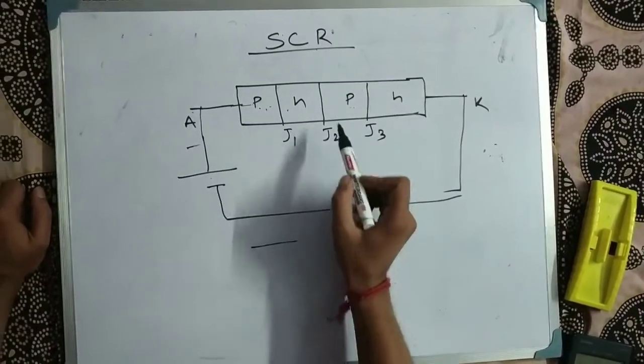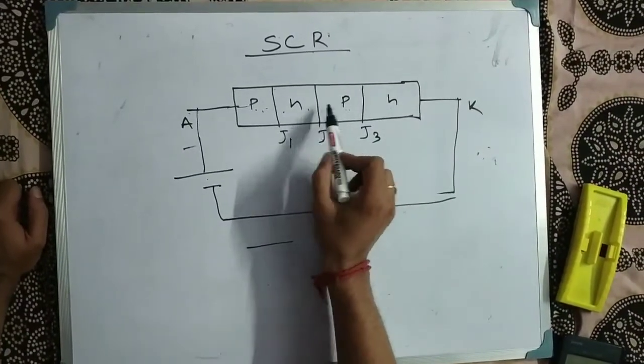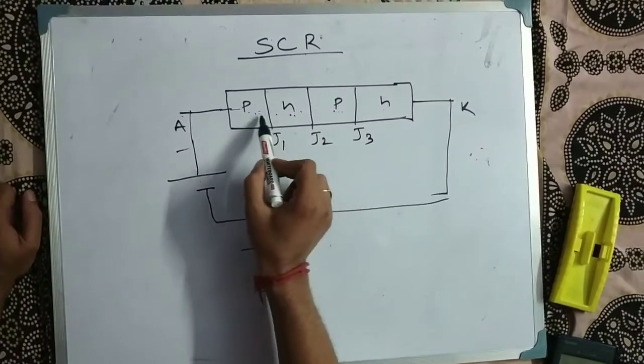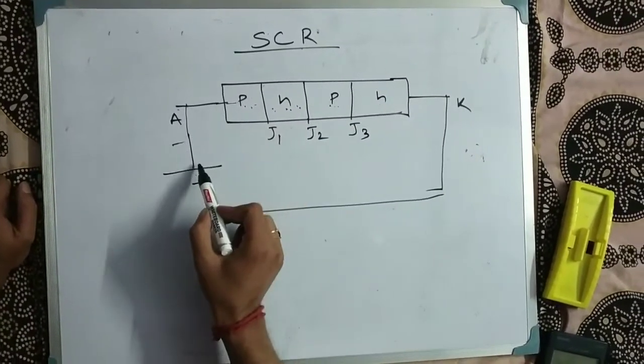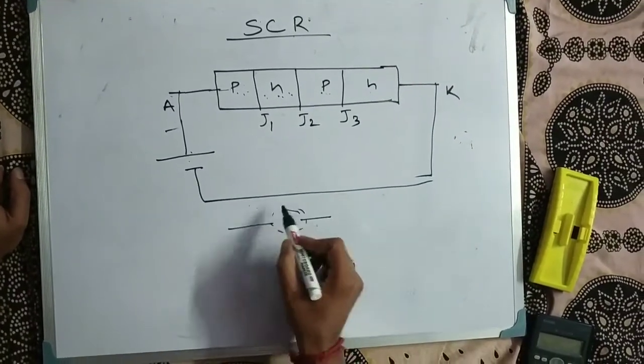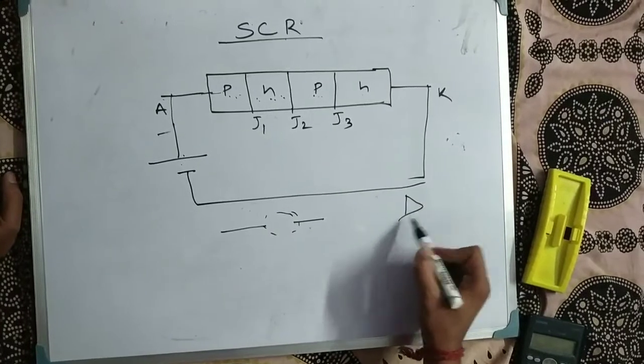Now J2 is an NP junction, where N is connected with positive, so it will act as an open circuit, as for a PN diode.